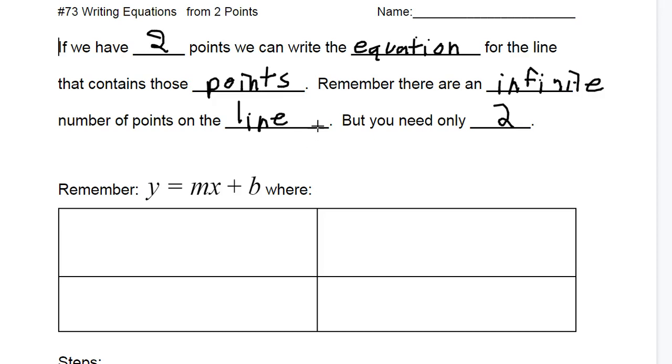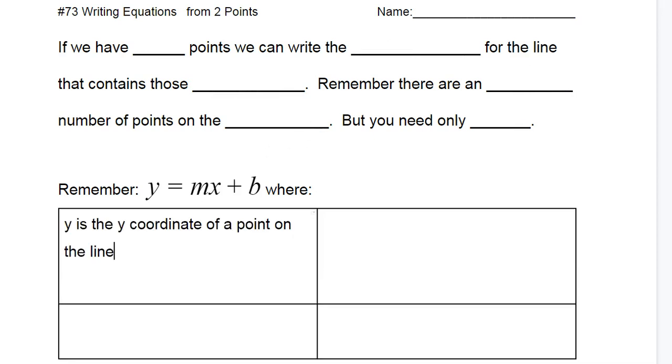Remember that y equals, the y is the y coordinate of a point on the line. So if I have this point right here, for instance, that's going to have an x coordinate and a y coordinate, and that y would be this y.